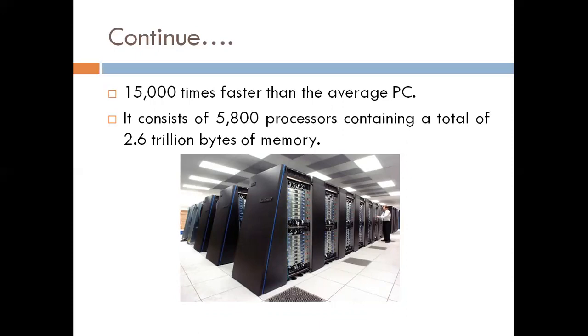So you can measure how very fast it is. It also consists of 5,800 processors and 2.6 trillion bytes of memory, which is known as RAM. And a supercomputer requires a large amount of space. Here you can see the image of a supercomputer.